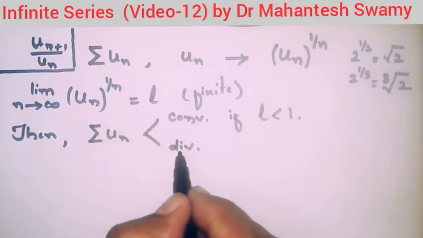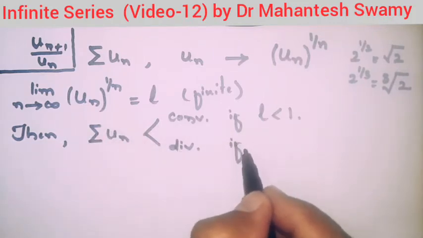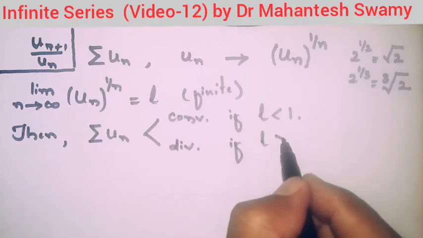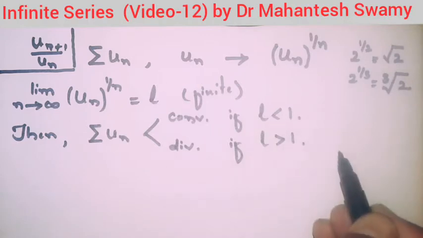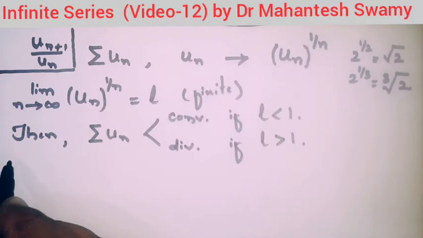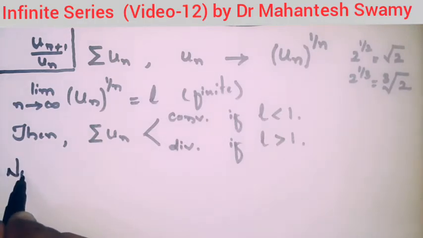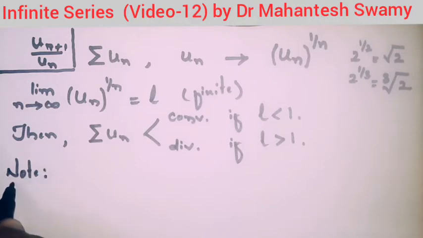if the value of the limit L is greater than 1, and the test fails when L is equal to 1. This is an important note we have to make here.